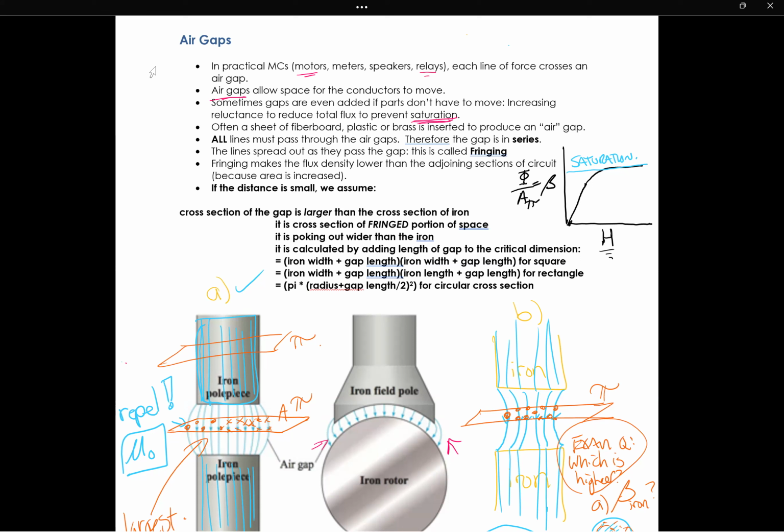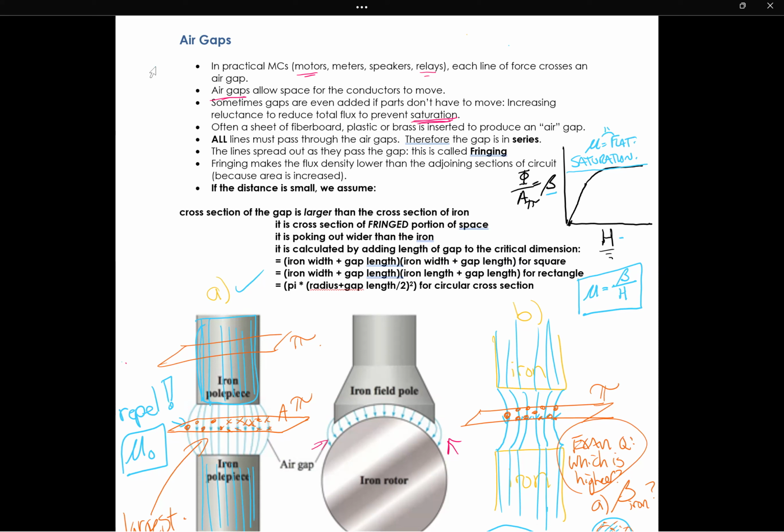And when we get to magnetic saturation, the relationship between flux density and magnetic field strength, rise over run, is a slope, right? That slope is the permeability of the material. So permeability is flat here at saturation, and that's not good.